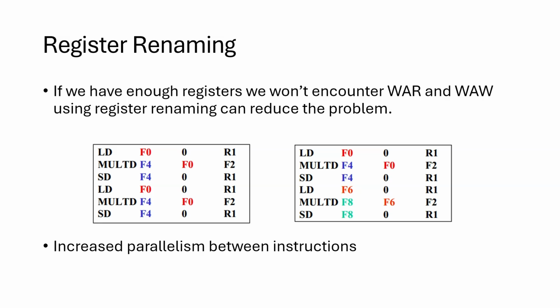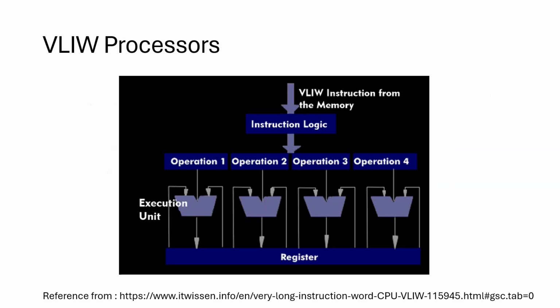And then is the VLIW processor. VLIW means very long instruction word. It is a processor architecture for increasing performance by processing instructions in parallel. In the VLIW architecture, different independent operands are defined within each instruction, which are executed by the hardware in parallel in several execution units.